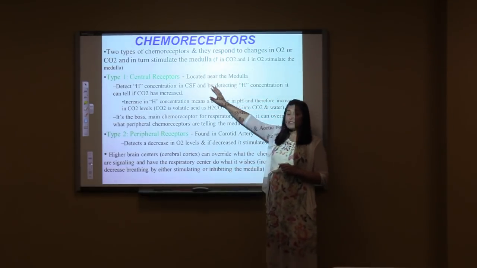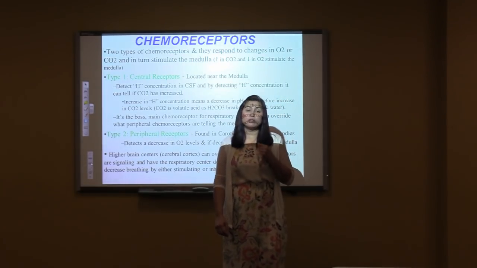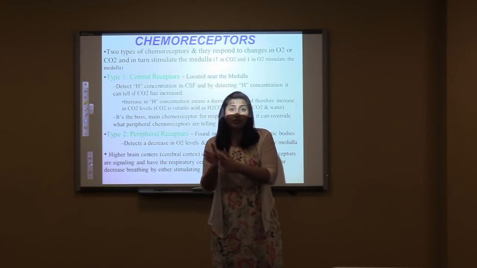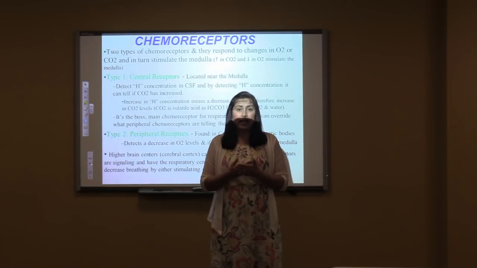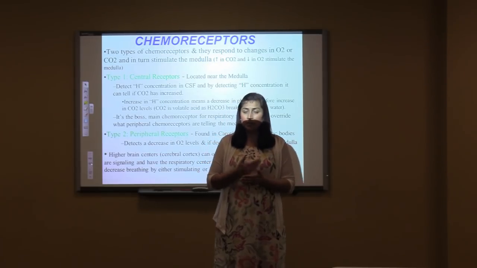Now, let's talk about the central chemoreceptors. Central chemoreceptors are responsible for detecting carbon dioxide, but they don't directly look at how much carbon dioxide there is in blood. They look at hydrogen concentration in the CSF, cerebrospinal fluid. Okay?